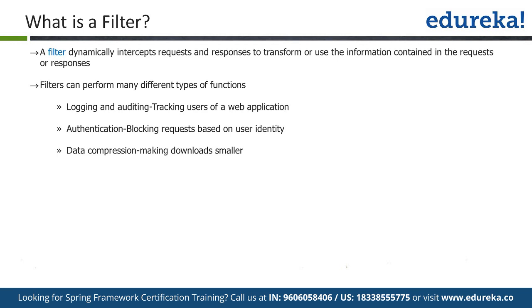So if you want to play around with the request before it goes to the controller or your business logic, you can intercept the request with the help of a filter. Then you can intercept your response before it goes to the end user with the help of the JSP engine and all. You can intercept that response and apply whatever changes you want. So that is the use of a filter.